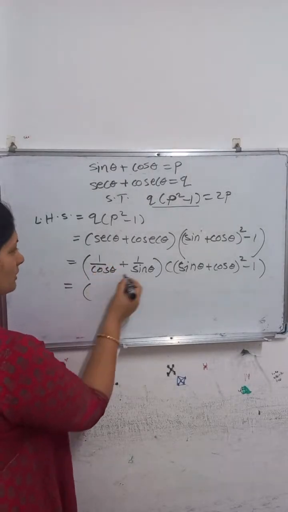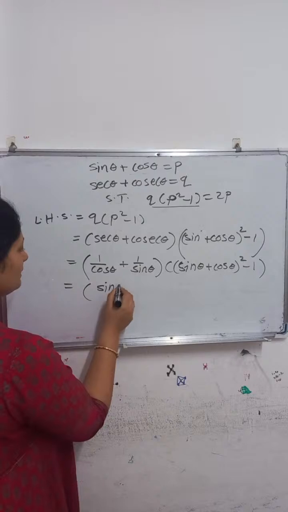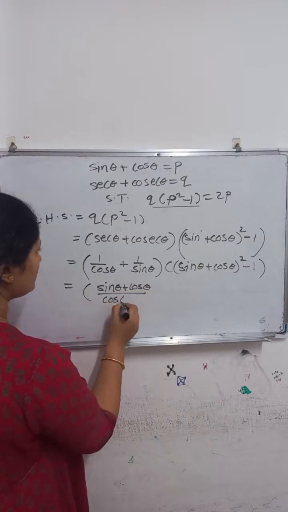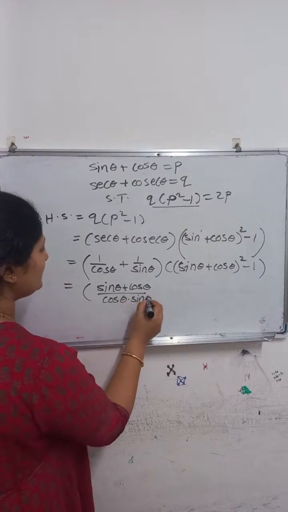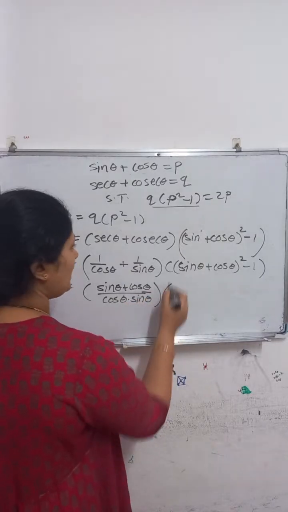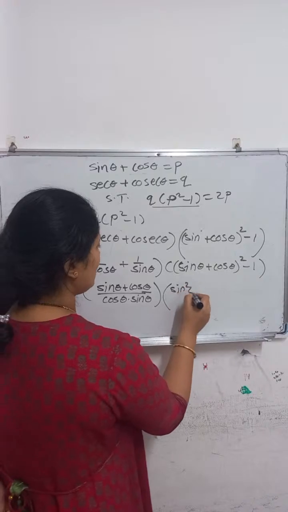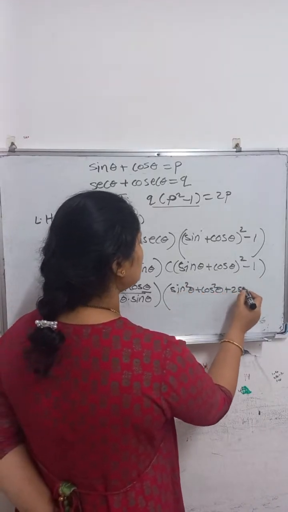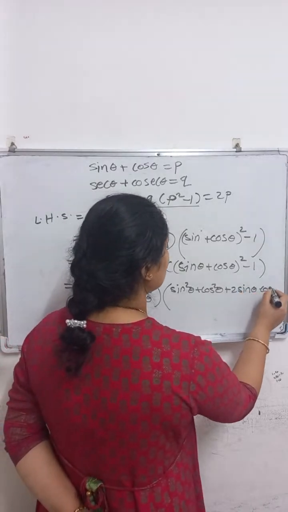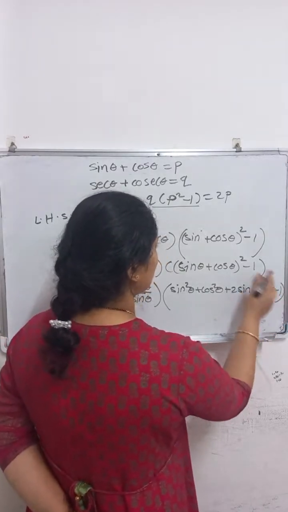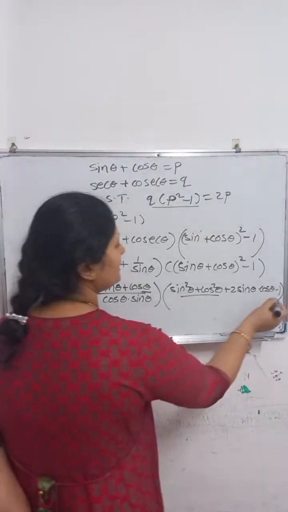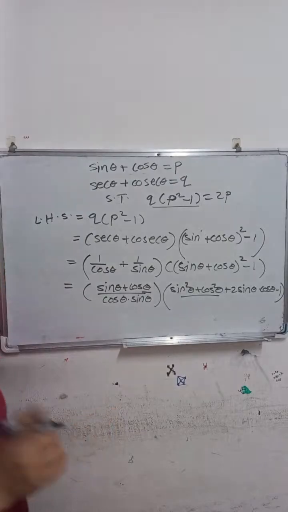So 1 upon cos theta plus 1 upon sin theta becomes sin theta plus cos theta divided by cos theta into sin theta. And here you can expand: sin square theta plus cos square theta plus 2 sin theta cos theta, and this is minus 1, which is there in the problem itself. Now here cos square theta plus sin square theta is 1.